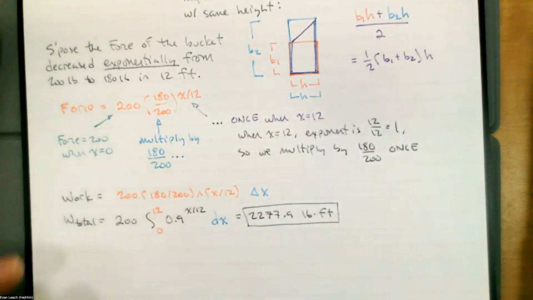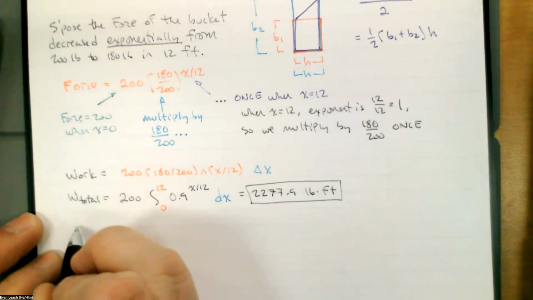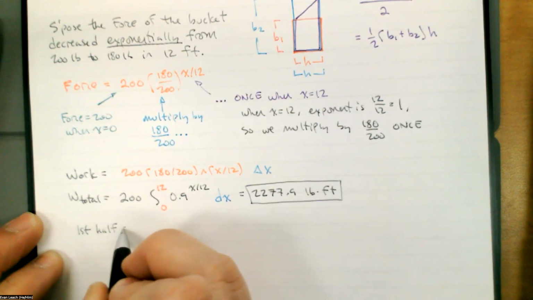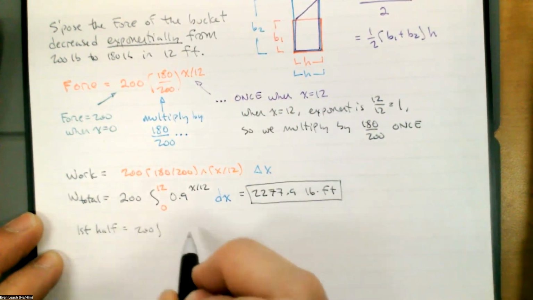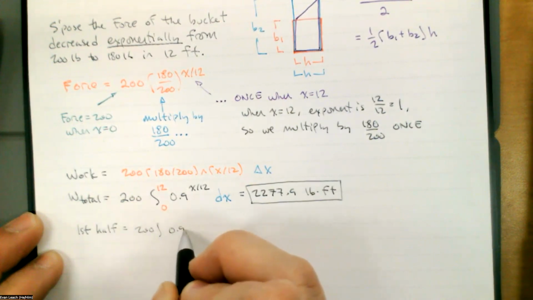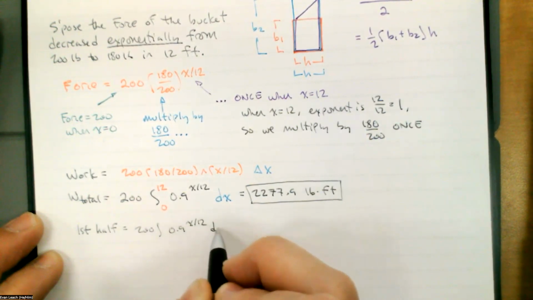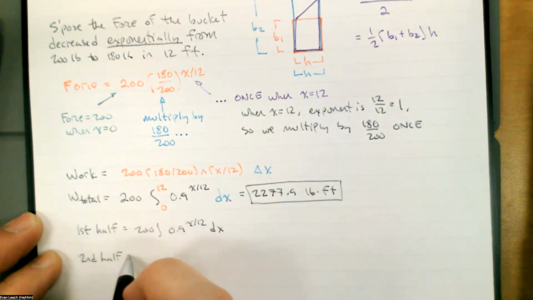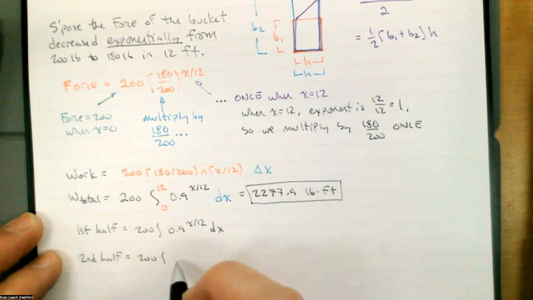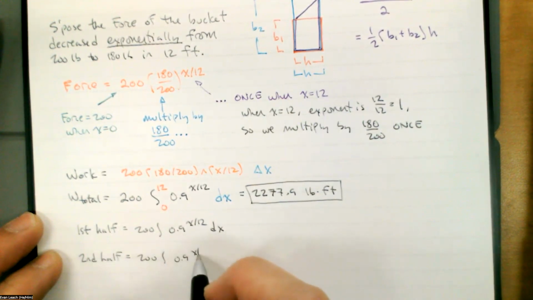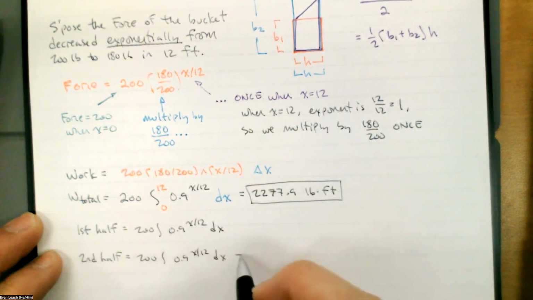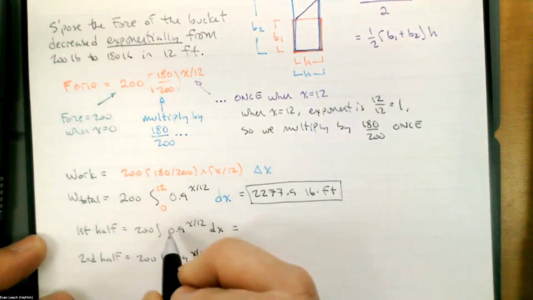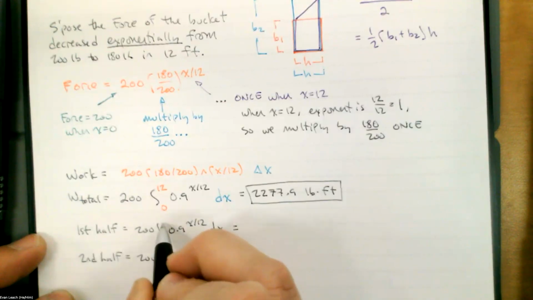If we look at the first half, we integrate from 0 to 6 of 200 times 0.9 to the x over 12, dx.